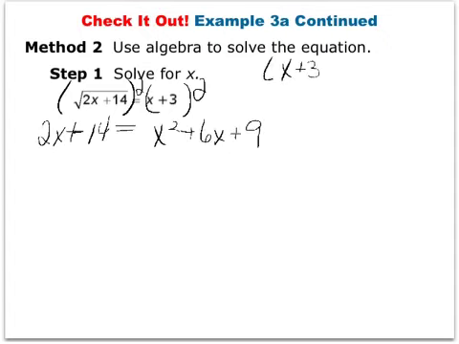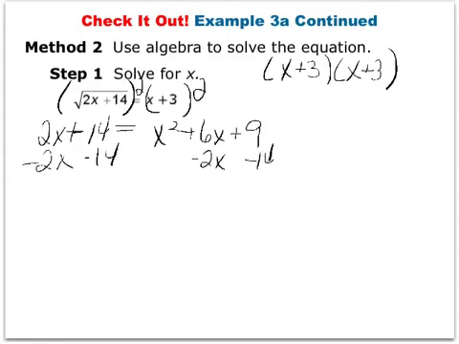I just did x plus 3, x plus 3. Move everything around. Minus 2x, minus 14. I have x squared plus 4x minus 5 equals 0.